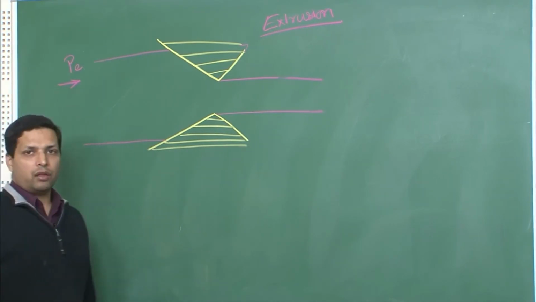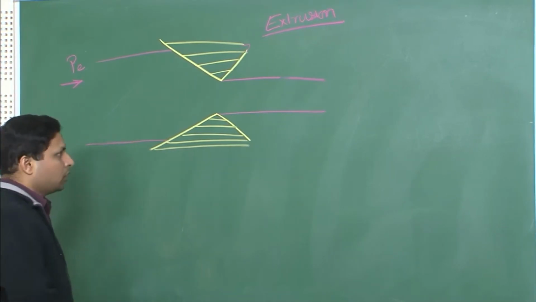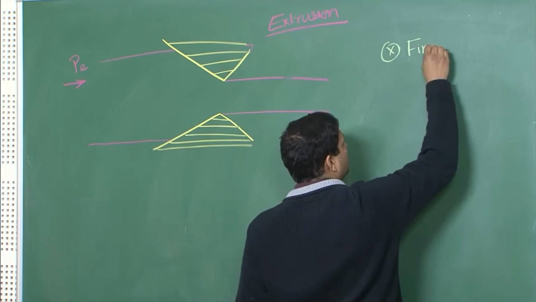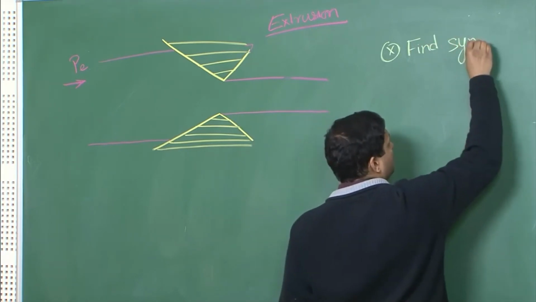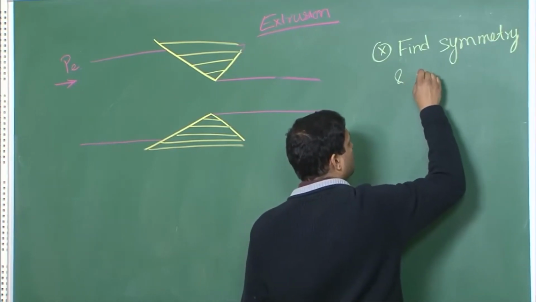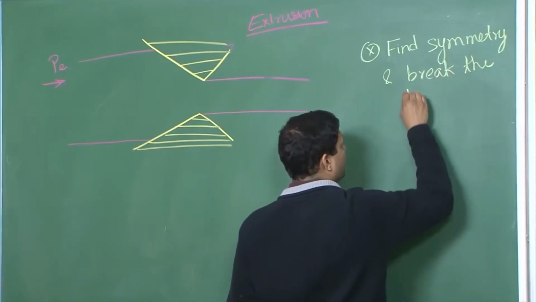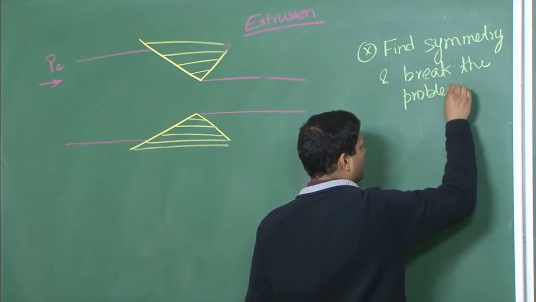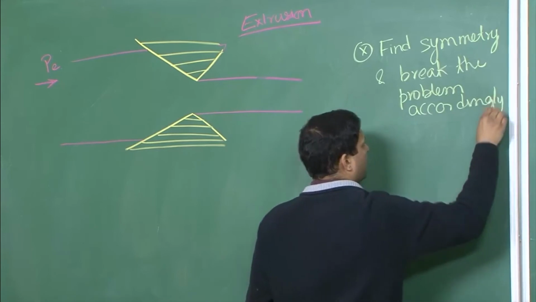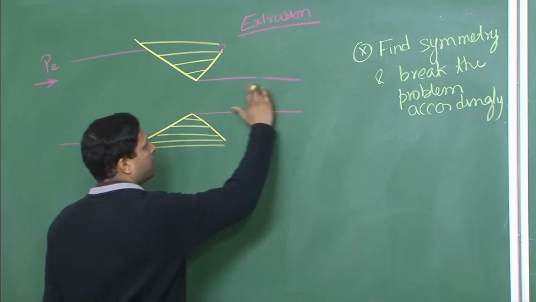Now, the first thing whenever you are trying to solve a problem like this is to find symmetry and break the problem accordingly. In this context, what it means is this is symmetric around which plane? It is symmetric around this plane.